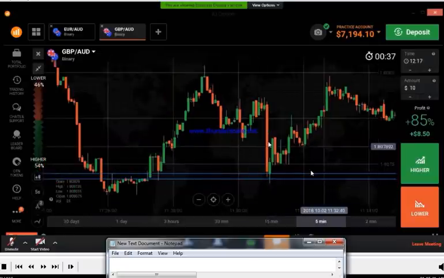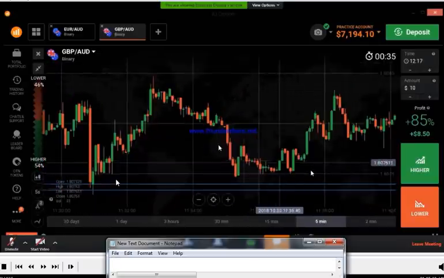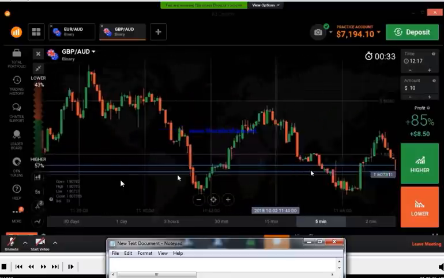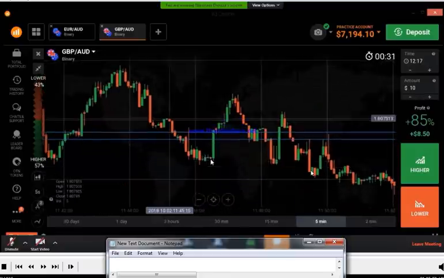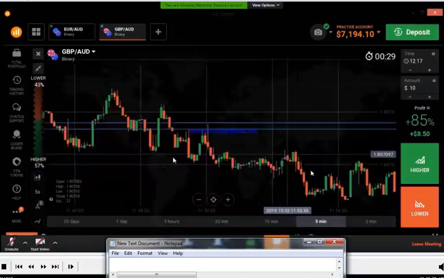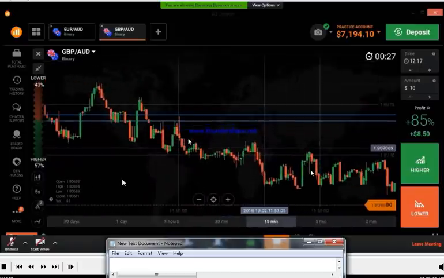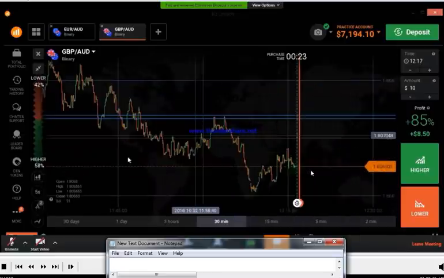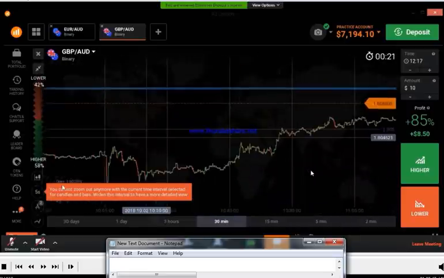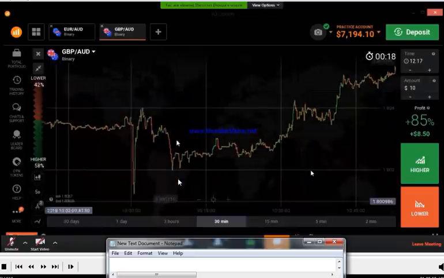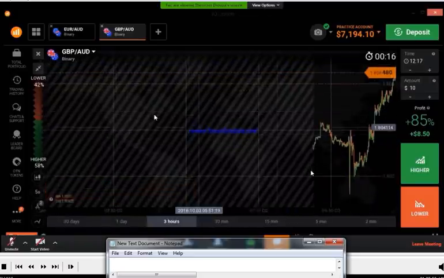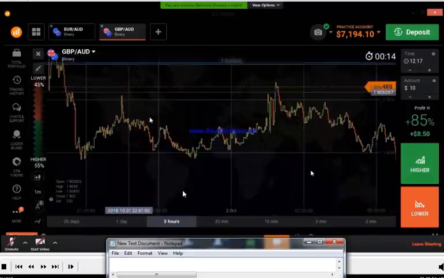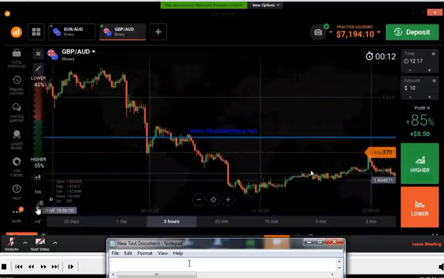Here also, when the market comes to this level, there is no confirmation, it breaks this level, right? Again it breaks, no confirmation. You can find a confirmation here. So in the strong level, you can find so many confirmations. Okay, this one also.